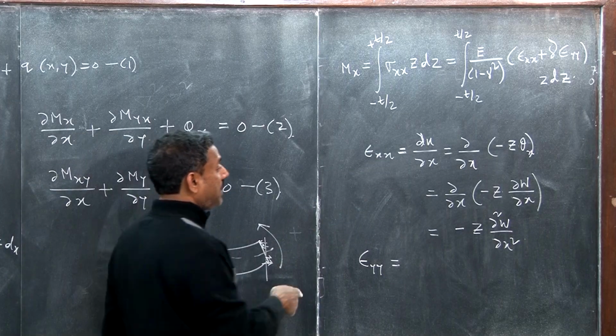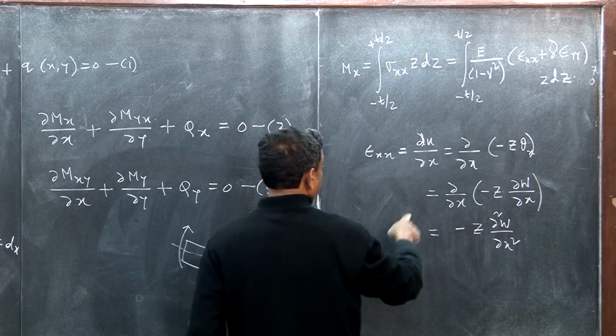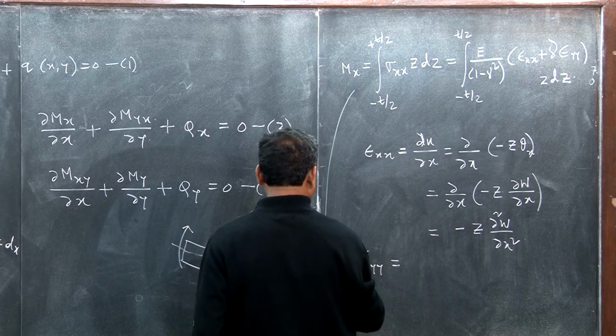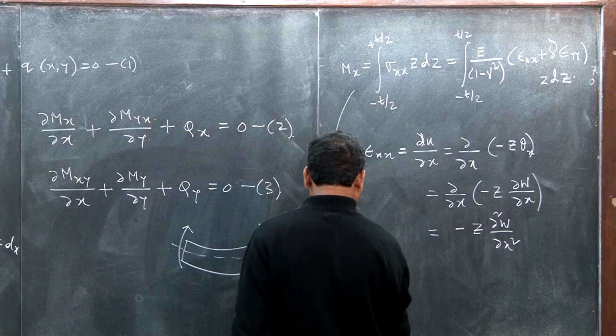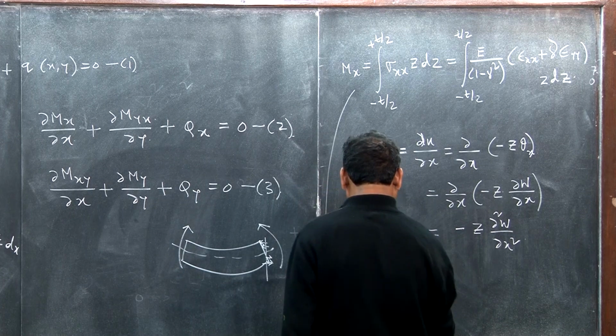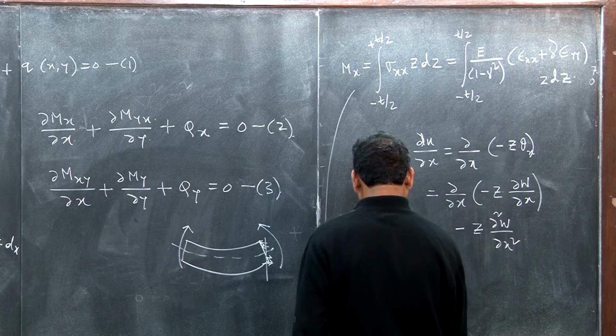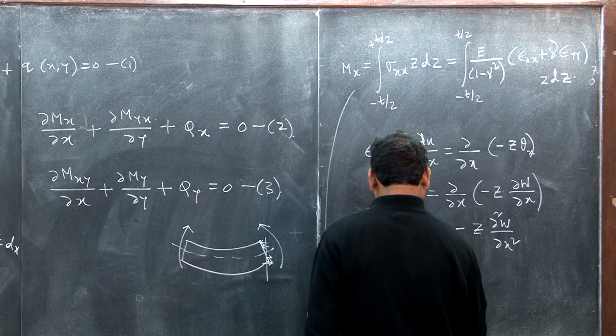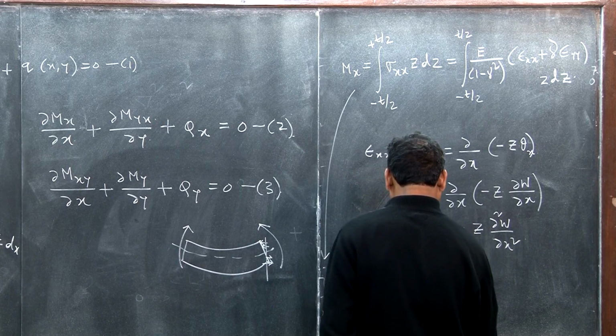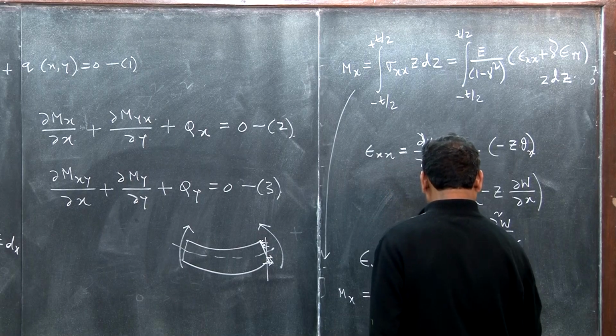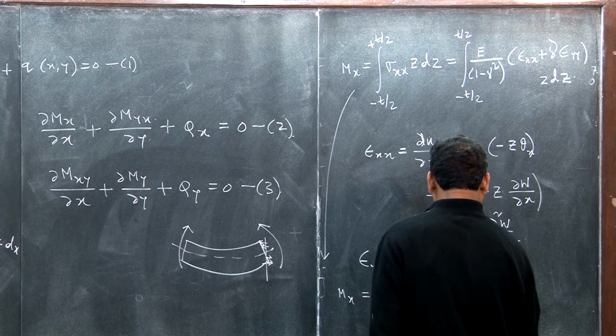So similarly, if you combine these two, from here you will get Mx is nothing but minus D into d2w by dx2 plus mu into d2w by dy2.